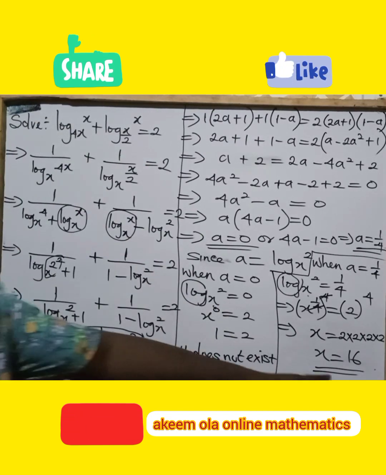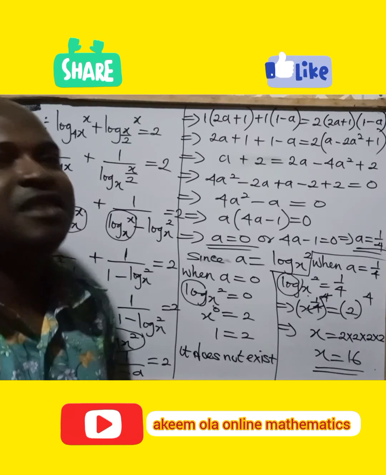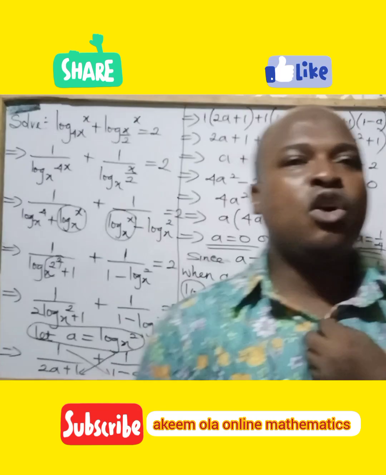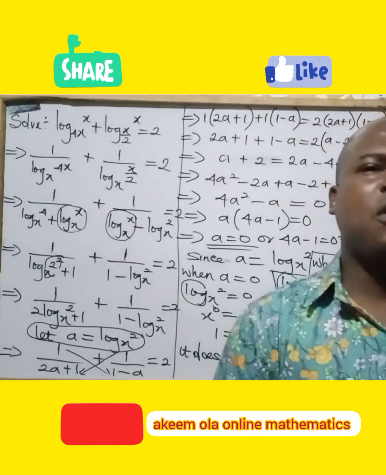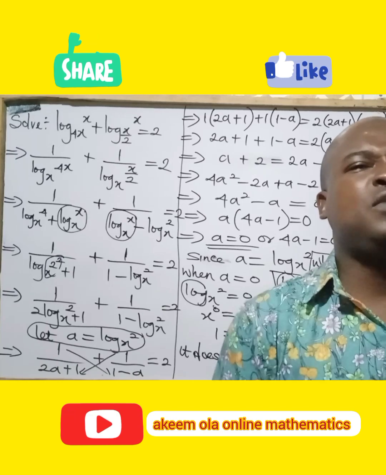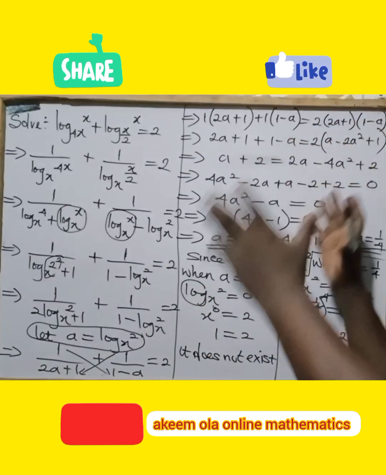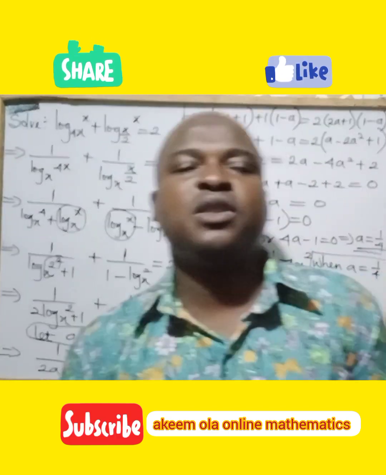So x will be 16 for this equation here to exist. So as you can see, solving a question on the theory of logarithm involves the use of the logarithm laws. So we combine so many laws here for us to solve this particular question.